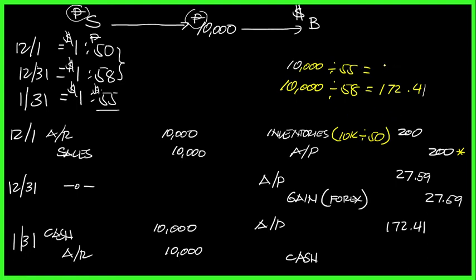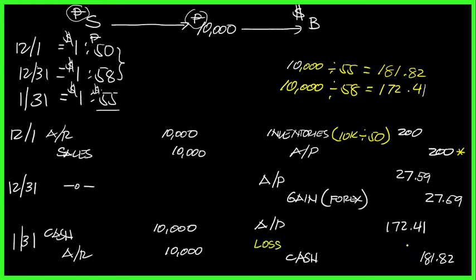And the value will be 181.82. Okay, so this is now the value of your cash. This means that there will be, is this a gain or loss? There will be a loss.